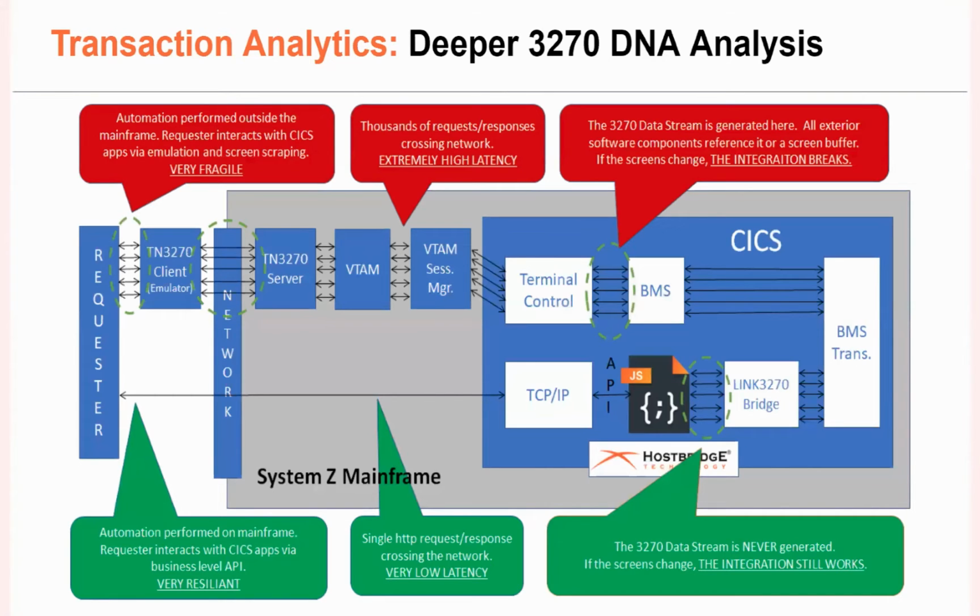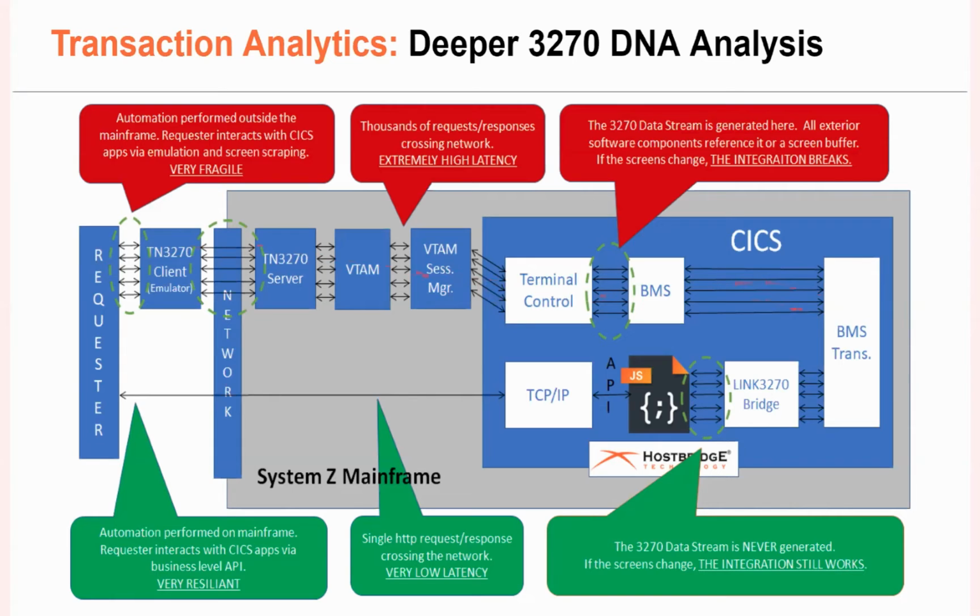Now, while the product can be used to solve many problems, we have used it quite successfully at many different customers looking at this use case where organizations have used various devices out here on the left side of the diagram, using terminal emulation and screen scraping to achieve some sort of automated business process.